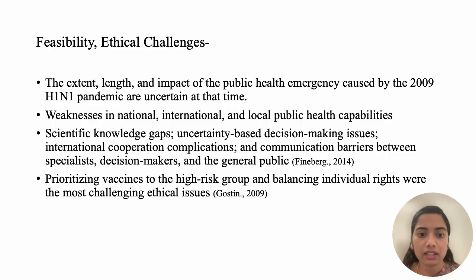Weaknesses in the national, international, and local public health capabilities, scientific knowledge gaps, uncertainty based decision making issues, international cooperation complications because there was no cooperation internationally because it was spread worldwide. There has to be cooperation, and communication barriers between the specialists, decision makers, and the general public were the challenges faced during the pandemic.